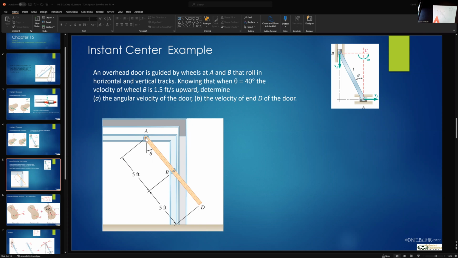We have A going to the left, we have B going up. So if you draw two perpendicular lines, it should be right where my mouse is. So go ahead and draw that, figure out what the angle is, figure out what these lengths are, and then go ahead and start the video and try to work through as much as you can.